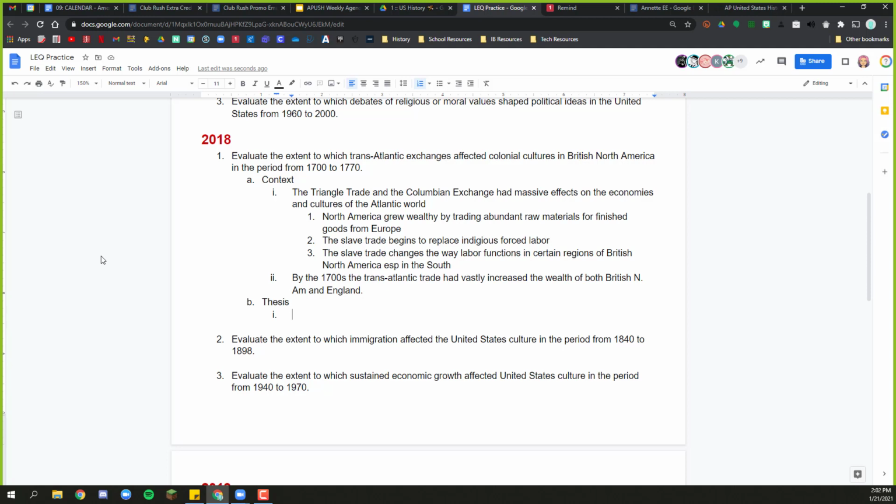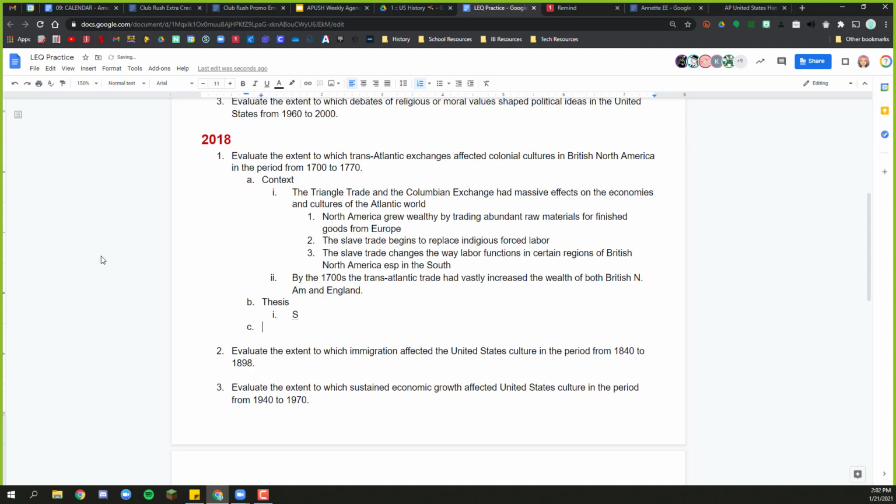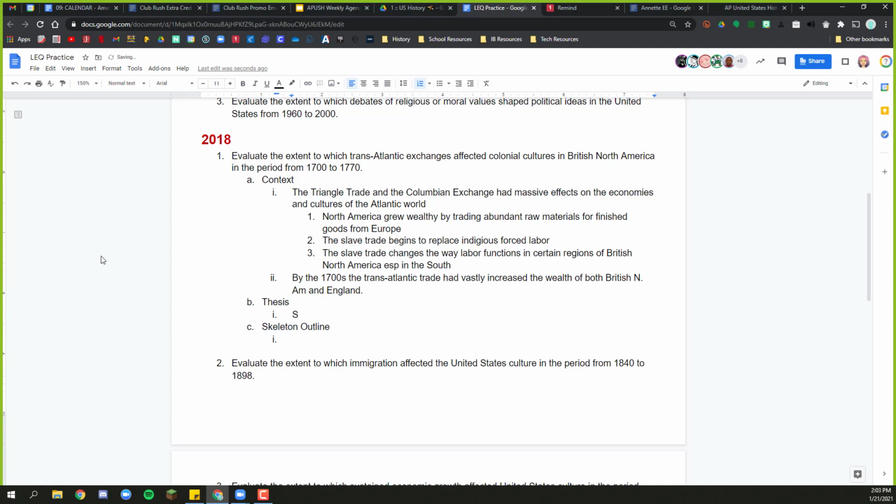So, I'm just putting this in as a placeholder, that what I want to talk about is the Navigation Acts.